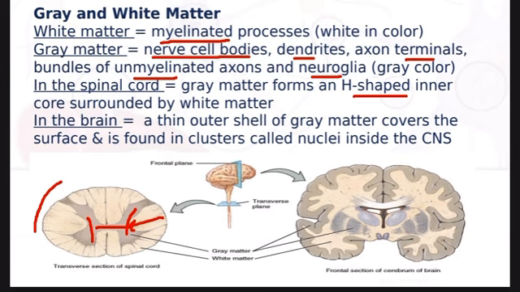Whereas let's look at the brain. In the brain, the thinner outer shell is gray matter. All of this is gray matter covering the surface, and it is found in clusters of nuclei inside. Whereas the inner part here is white matter.